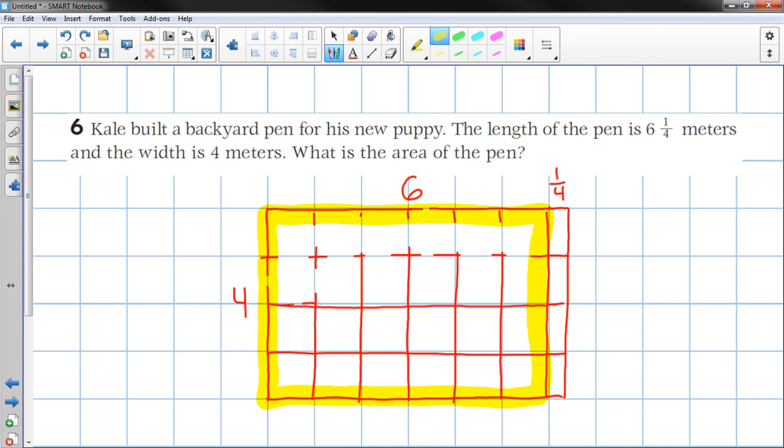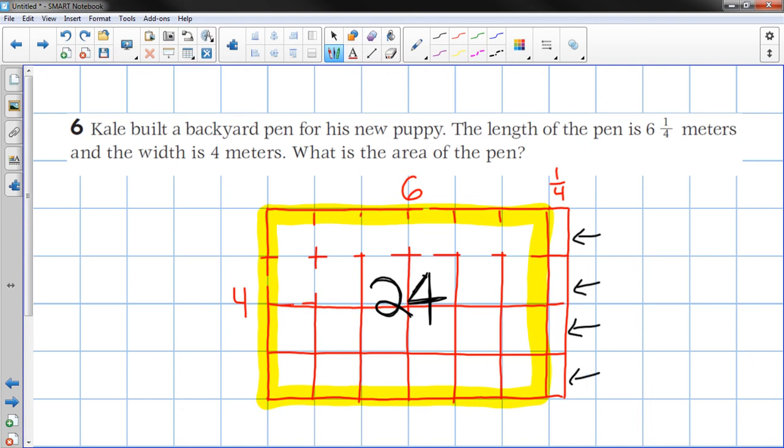And what's that? 24. So this big section inside is 24. And then you're left with 4 1/4.